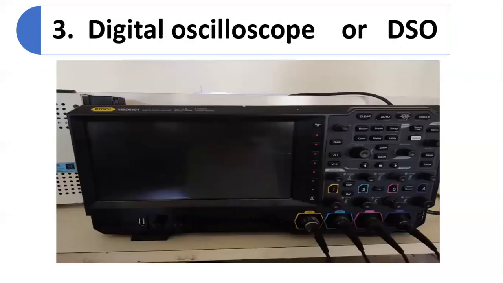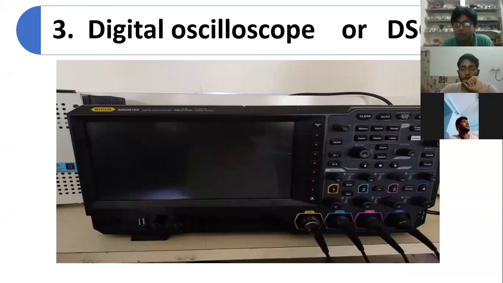Next is the digital oscilloscope. This is a modified version of the CRO, which is composed of various software and hardware modules that work together to capture, process, display, and store data that represent the signal of interest of an operator.